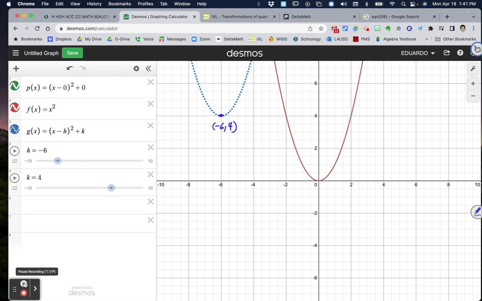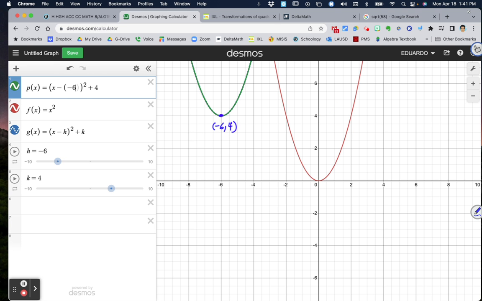Let's replace the plus. The zero that's outside for k, what number goes there? 4. Okay. How about that zero here? And put it there.